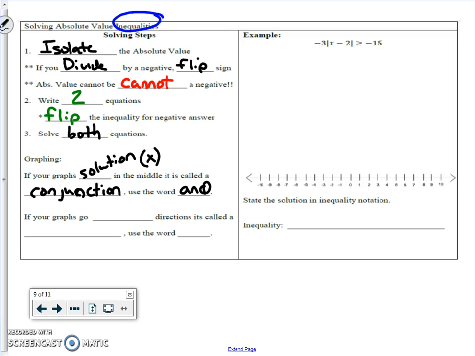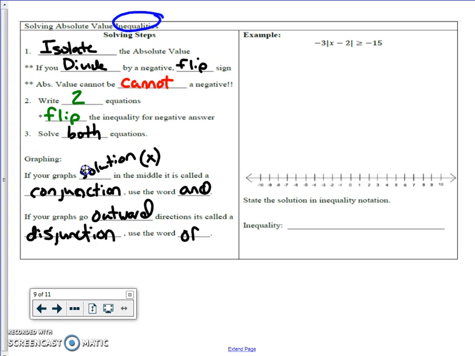If your graph's arrows go in an outward direction, it's called a disjunction, and we use the word or. I'm going to explain this as we go through the secondary part later.